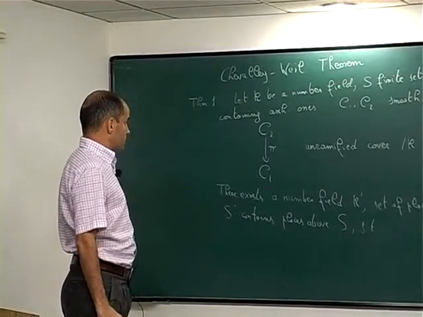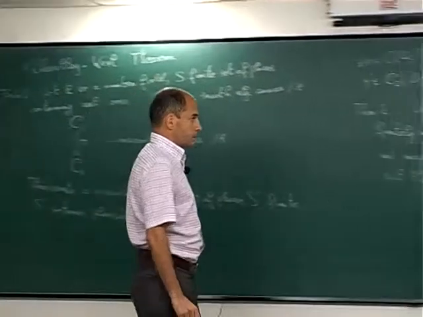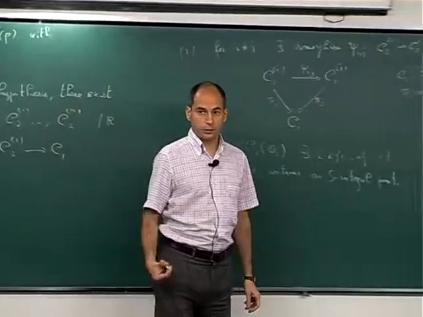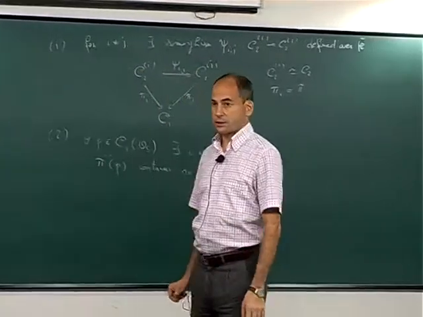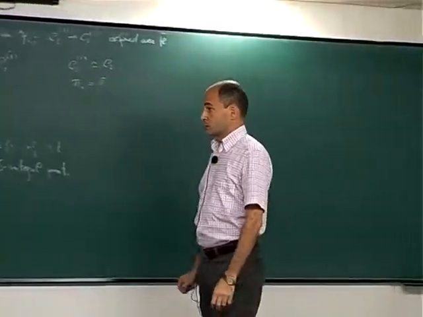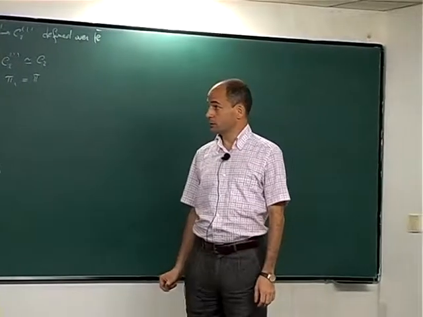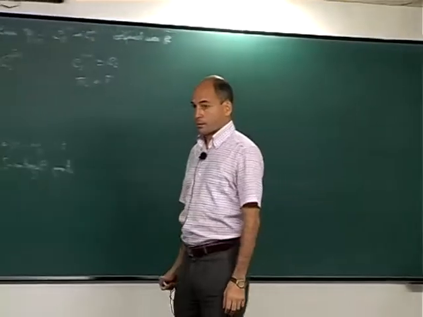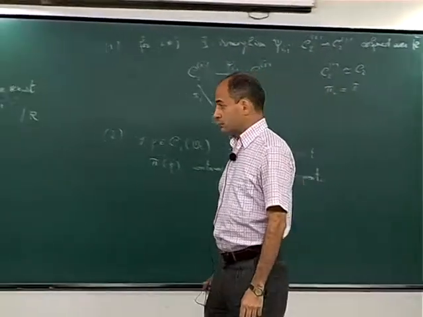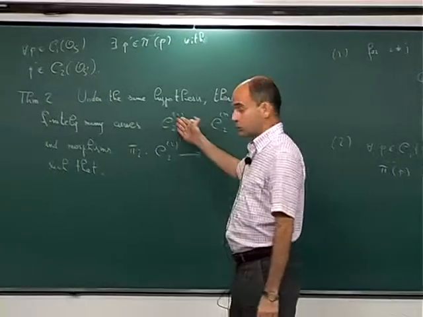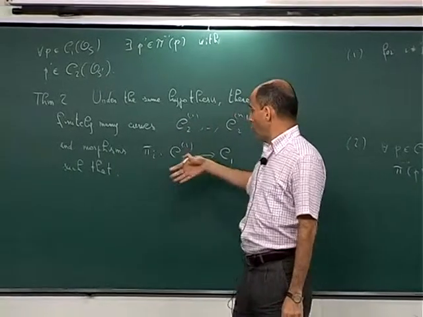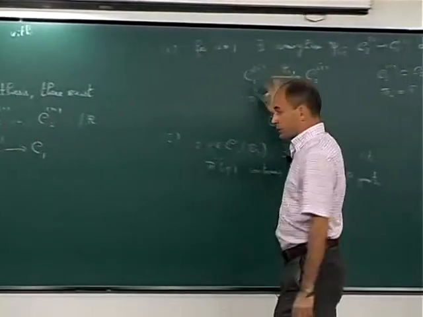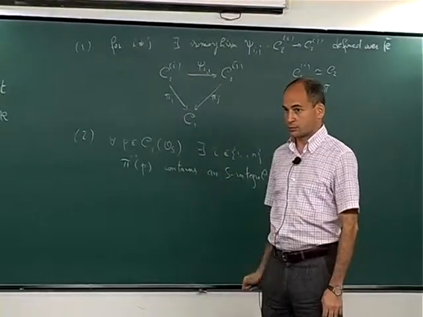And as I said last time, in order to apply the Chevalley-Weil theorem in the proof of Siegel's theorem, it is sufficient to restrict our attention to very particular cases of these curves. Over the complex numbers they are all just C2, but over K they are not necessarily isomorphic.